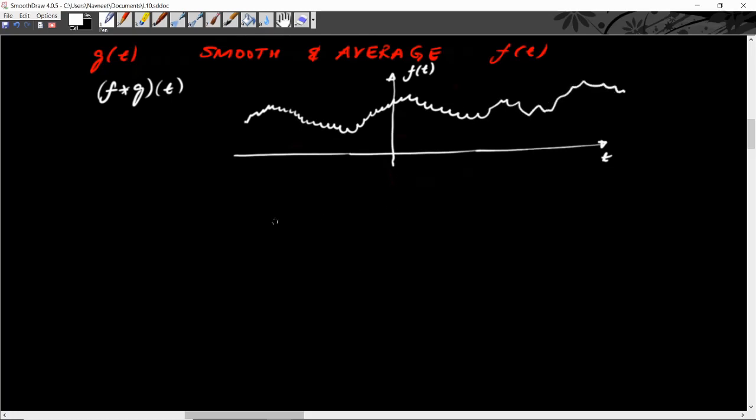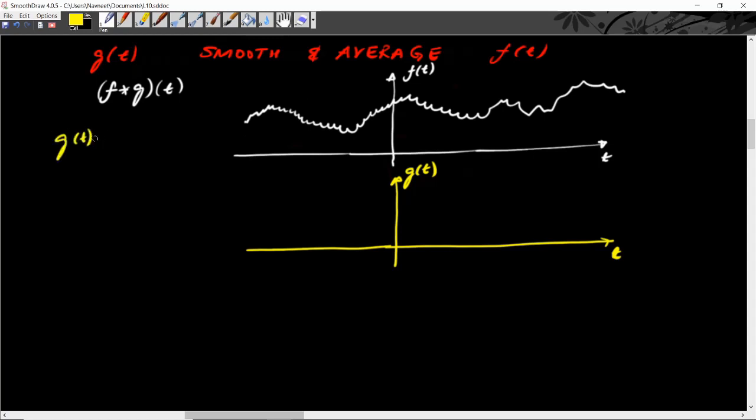And we want to perform convolution of this function with another function, that is g of t. And for the purpose of smoothing and averaging, we can consider a function that has a unit area, so that when we do this convolution operation, the function f of t does not change in the amplitude.